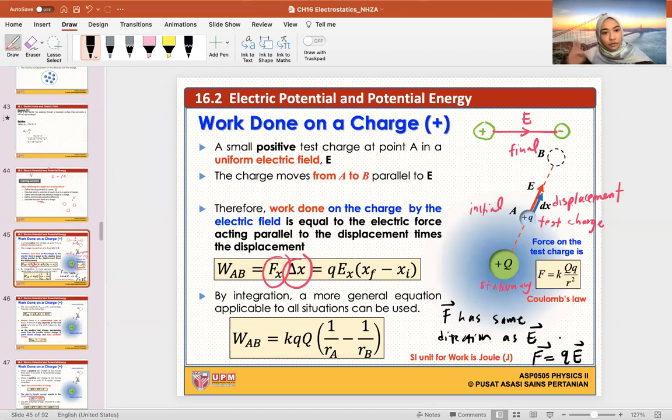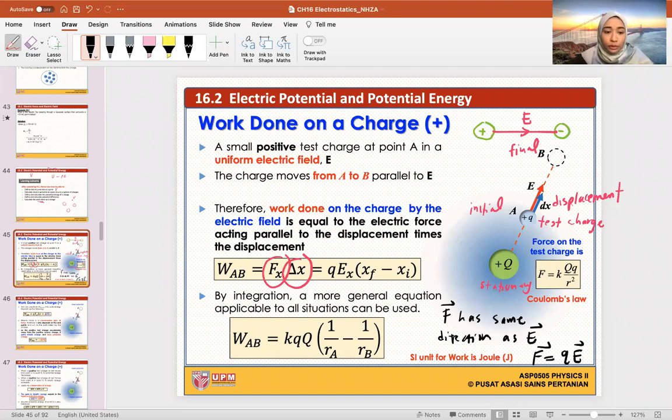So if F is to the right, E is also to the right. If F is to the left, E is also to the left. They are two vectors with the same direction. The magnitude is not necessarily the same, but the direction should be the same. So if I know my E is pointing that way, my F should also be pointing in the same direction. So this is where the equation comes from.